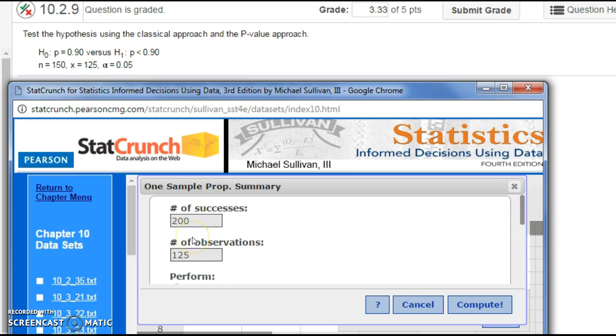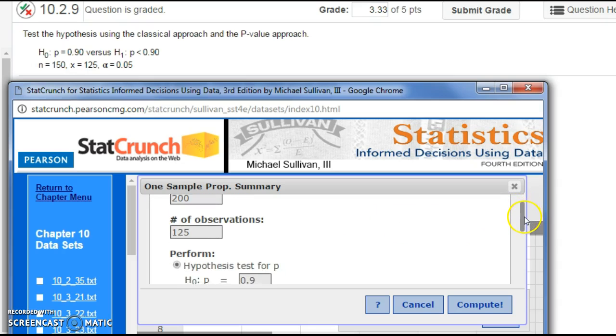If you look at our sample, 90% out of 200 would be 180. So if our population really had 90% successes, and then we took a sample, we would expect out of 200 to have about 180 successes. And so this sample is way less than 90%.